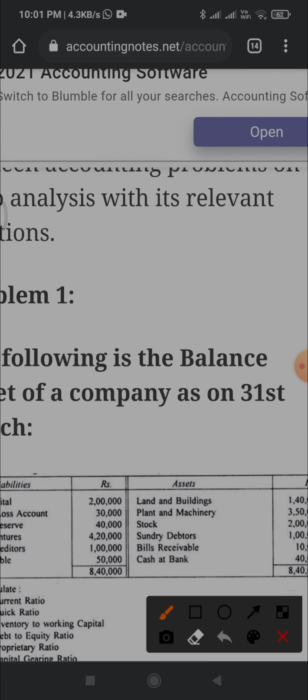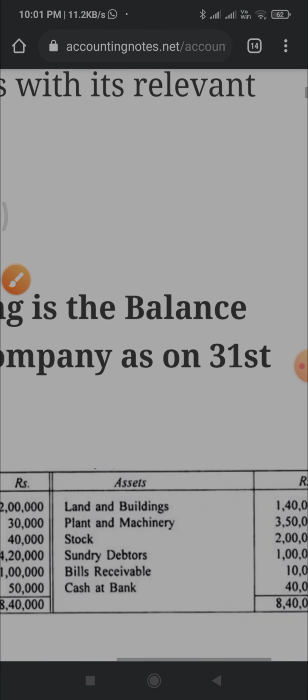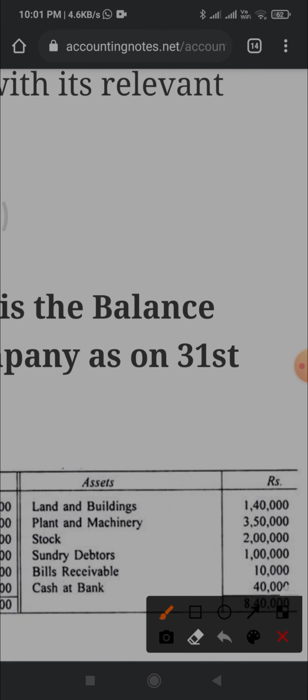What is the fixed assets here now? So fixed assets are land and building and plant and machinery. These only two are called fixed assets. Okay, on the asset side land and building, plant and machinery. If they given furniture also, that is called fixed assets. What is the total here now? Sorry, 3,50,000 plus 1,40,000.